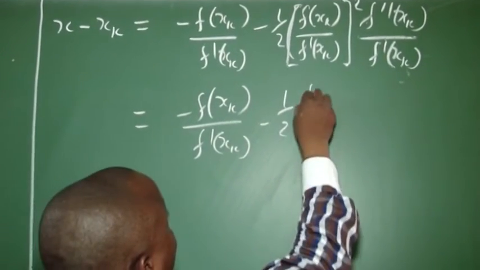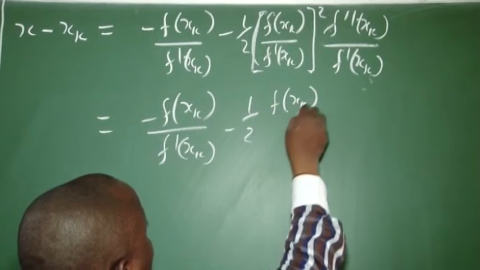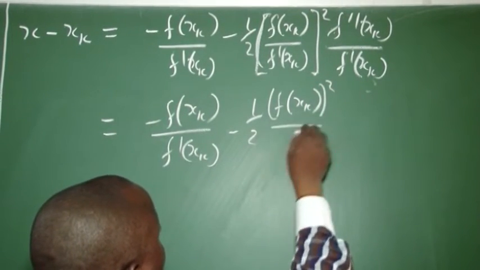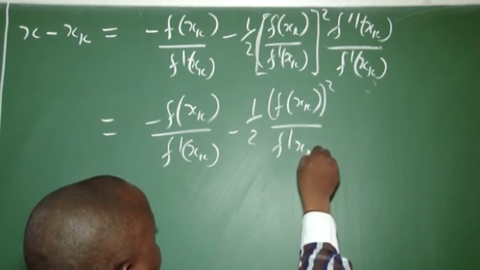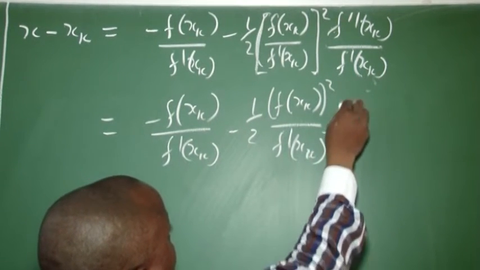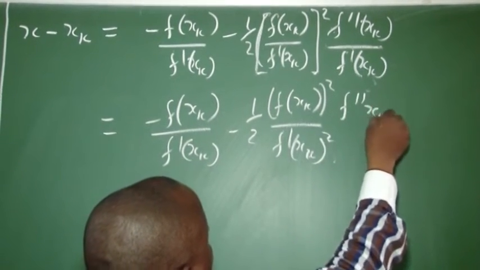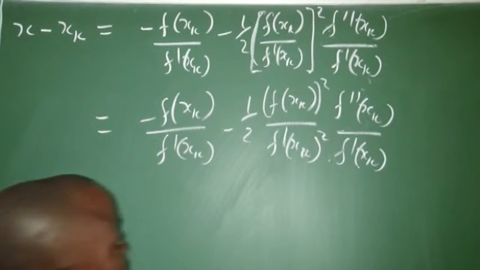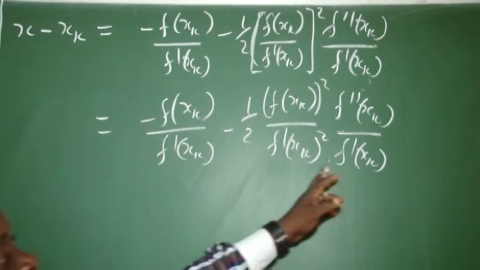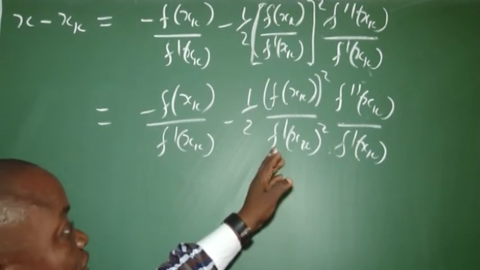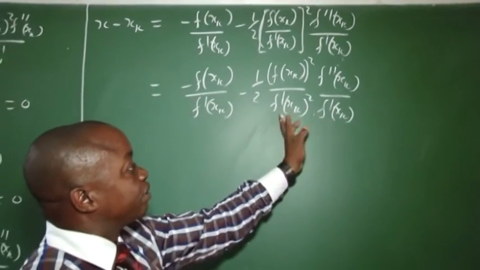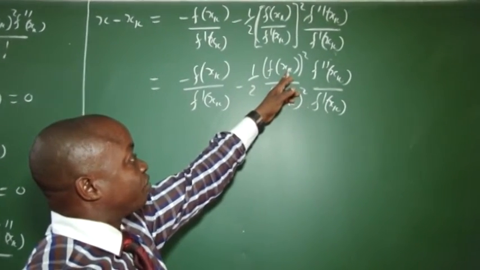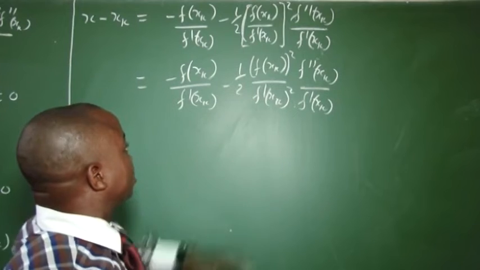Then this could be written as f of sk square over f prime of sk square. Then we have f prime prime of sk over f prime of sk. You see, the downside is about cube. This times this gives you cube. Then we have this to be square. If we don't want to write in this way, write in this way.